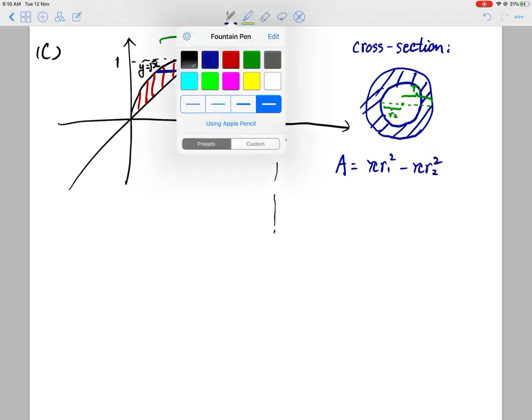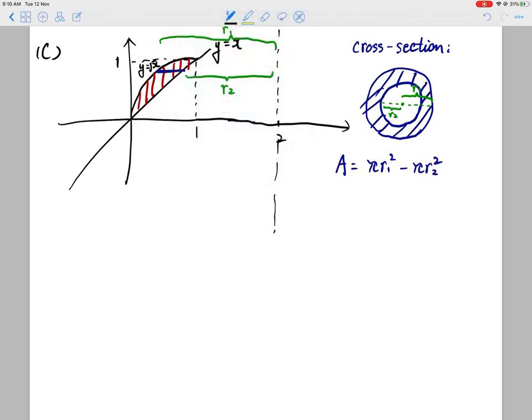Okay. So now, for each y, what is your R1?